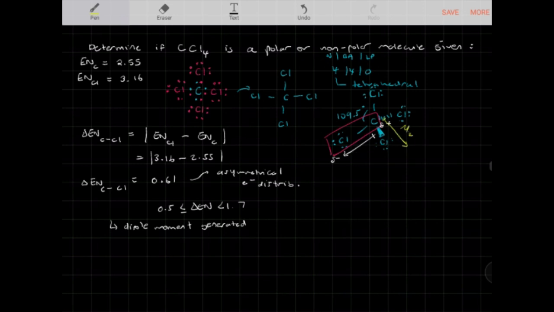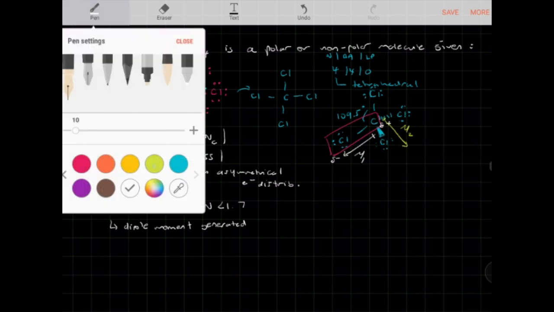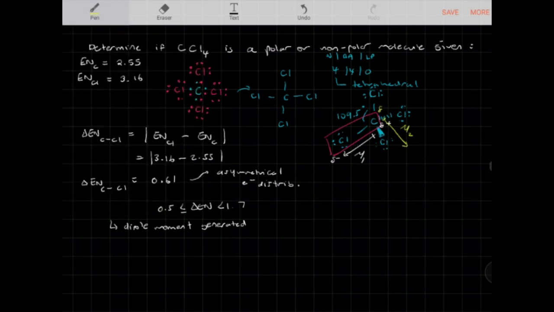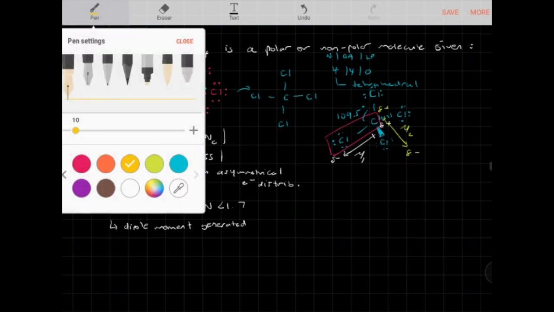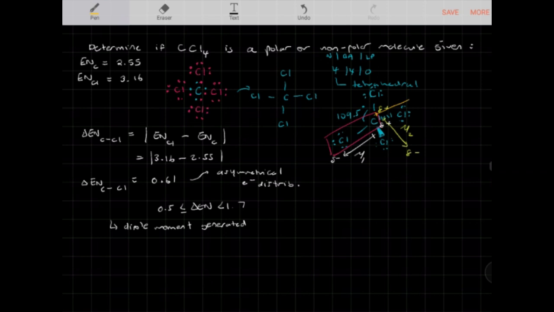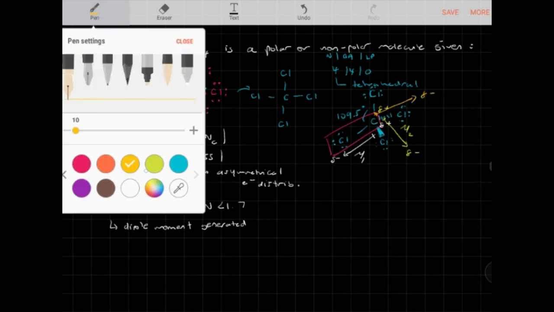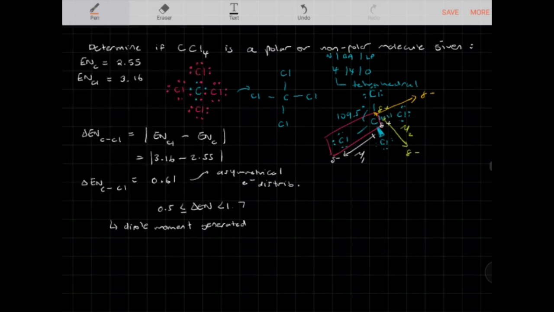We'll call this mu1 and this mu2. You should also see a partial positive here and partial negative here, and so forth. There should be another dipole moment created here, partial negative, and another dipole moment created here.